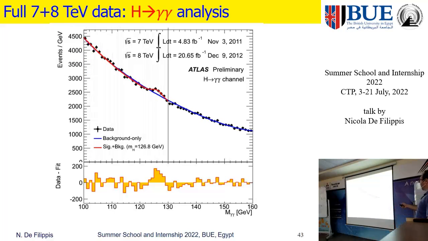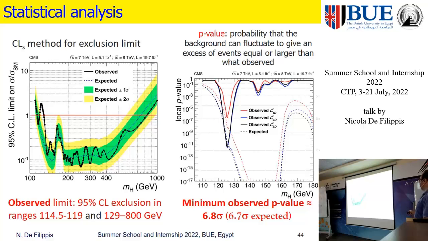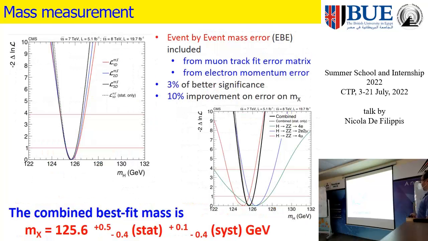Okay. That was the excess at around 125 GeV that was sufficient to claim a discovery. Okay. And then many other things happened.